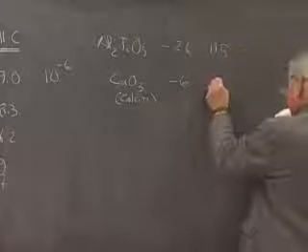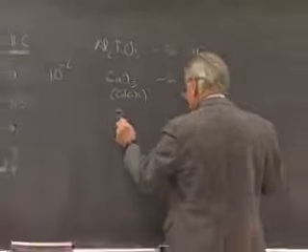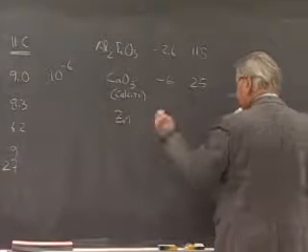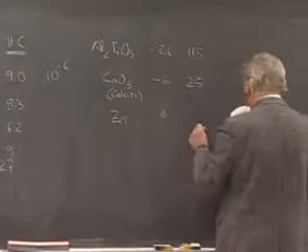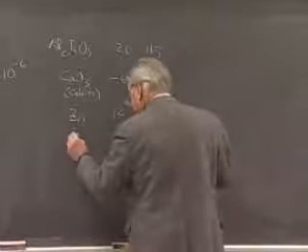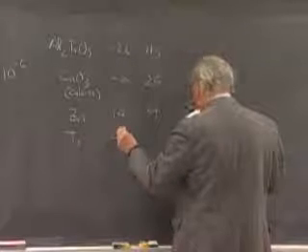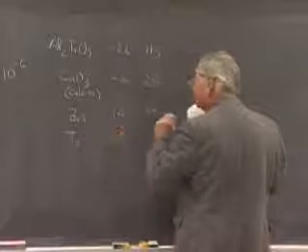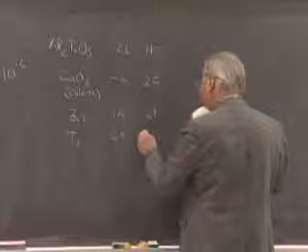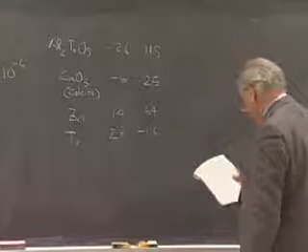Minus 6 and 25. For zinc metal, a hexagonal close-packed metal, surprising degree of anisotropy, 14 and 64. And for tellurium, which is a chain structure like selenium, 27 perpendicular to C and minus 1.6 in a direction parallel to C.